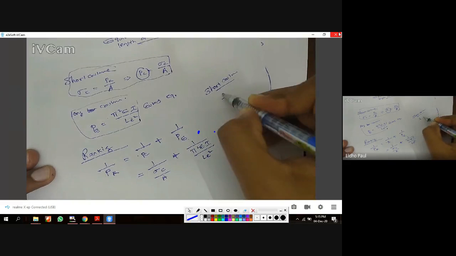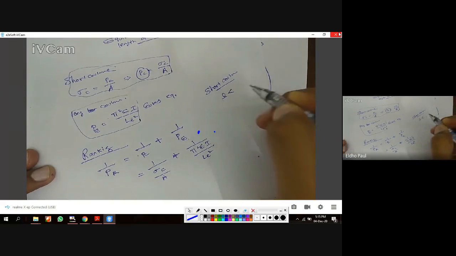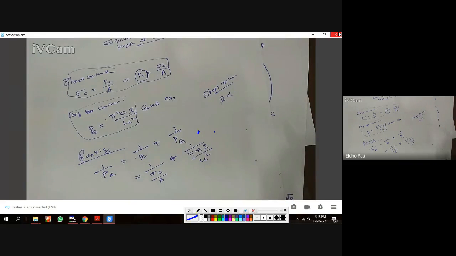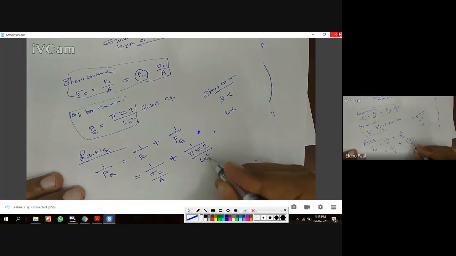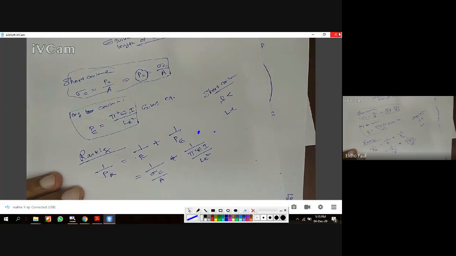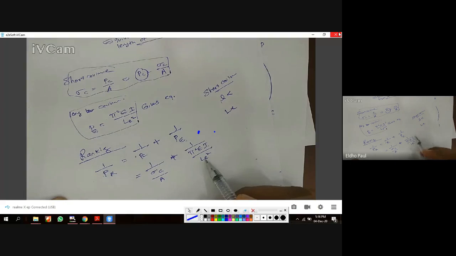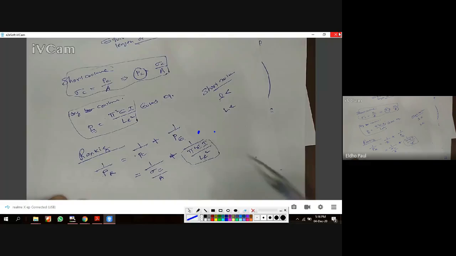we know the length is very low compared to a long column. So the LE value will be a very low value. If the LE value is very low, this denominator is small, so this term PE will be a bigger one.